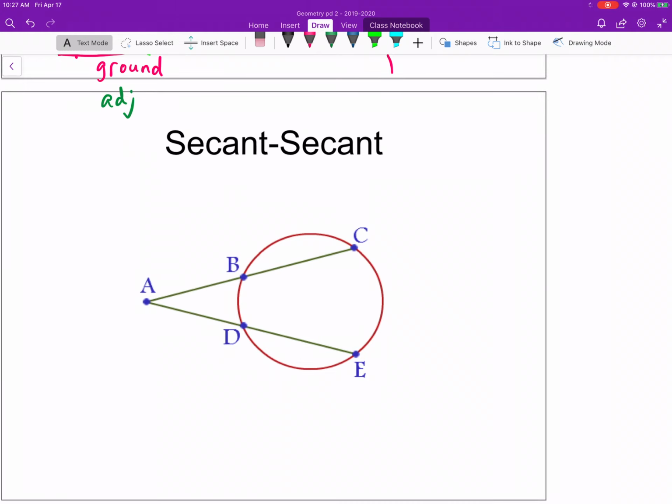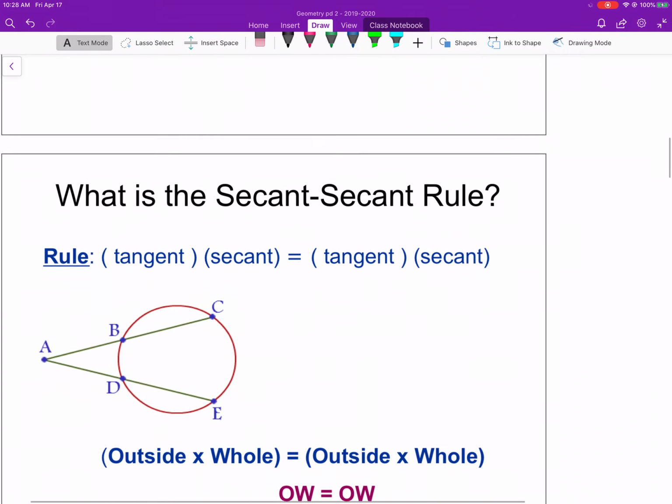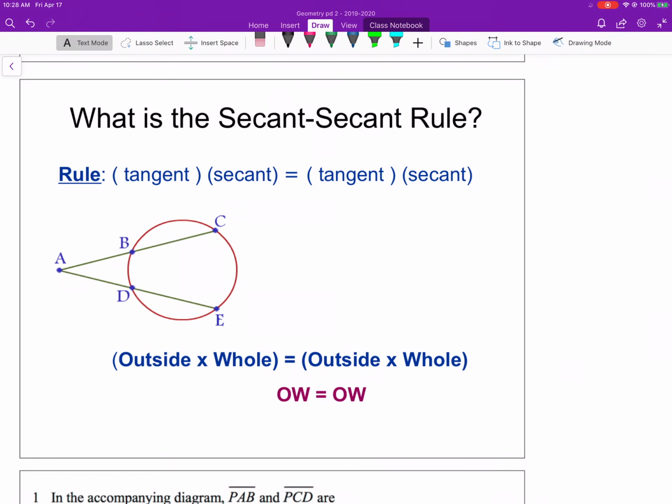This would be a secant, because if you look at segment AC, from A through to C, that's a secant, it hits the circle twice. Now from A to E, that's a secant, hits the circle twice. So they might say in this problem, find the length of BC. Find the length of AD, and there's a general equation that we use for that. So what is the secant rule?